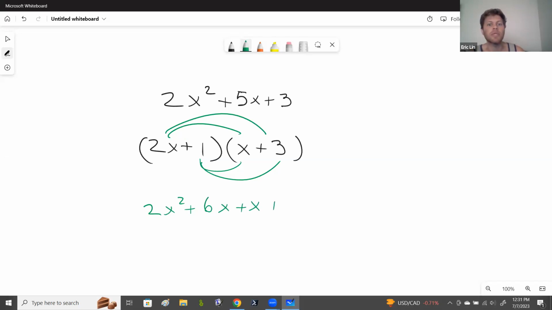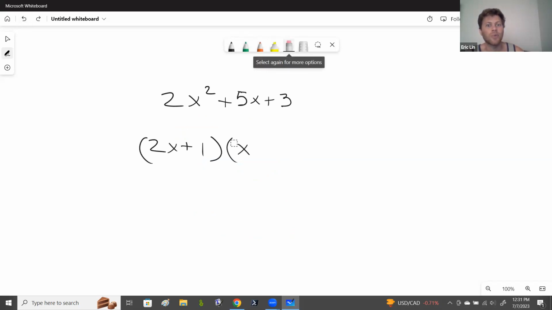And 1 times 3 is 3. Great. Fantastic. So I end up with 2x squared plus 7x plus 3. Okay, so not where we want to be. We're a little off. So this would imply that I chose the incorrect ordering. I want the 3 to be with the 2x, and I want the 1 to be with the x.